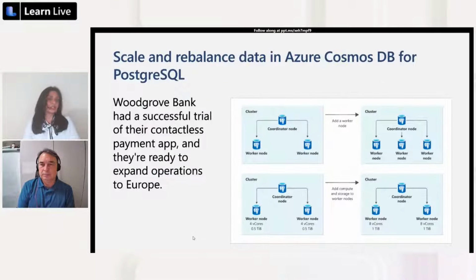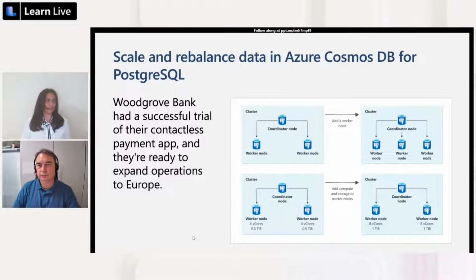Okay, so that's a good point, because they can use both. They can use the vertical scaling as well as the horizontal scaling. I think the horizontal scaling will work when they're trying to add more users and add more customers, and then they can add the nodes whenever they need it.